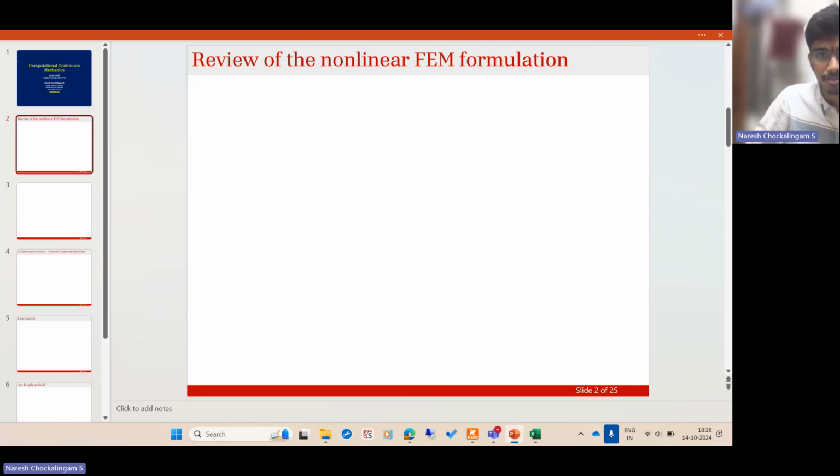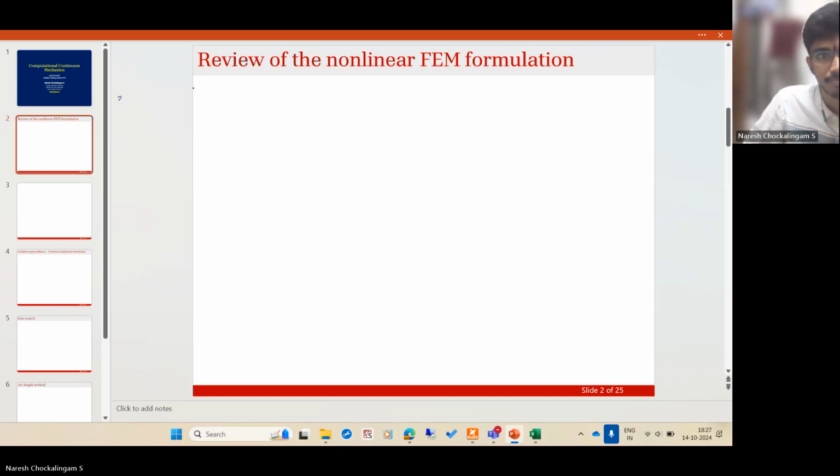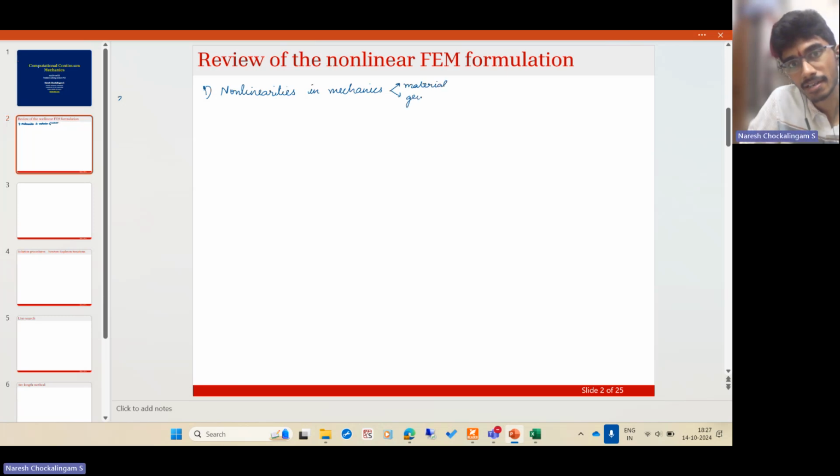We started off with the idea of nonlinearities in mechanics, the various kinds. We looked at material, geometric, and boundary nonlinearities.